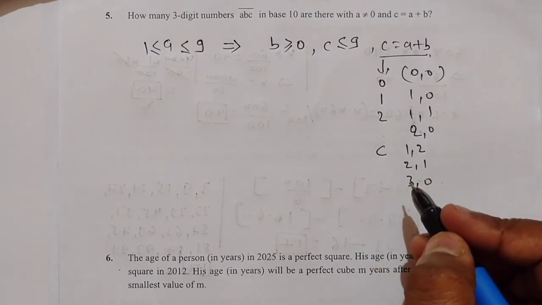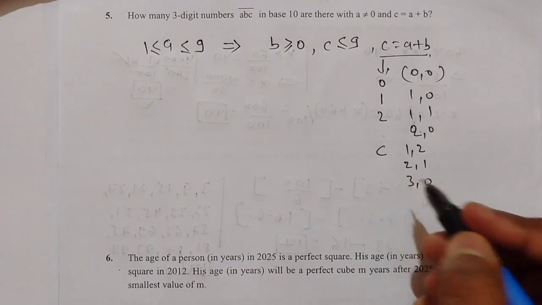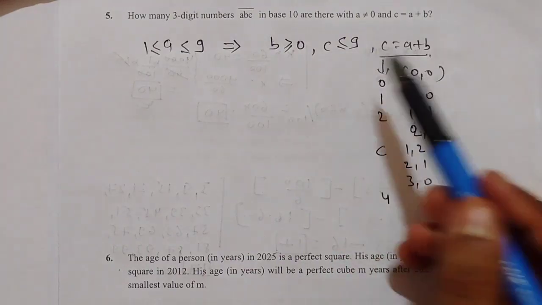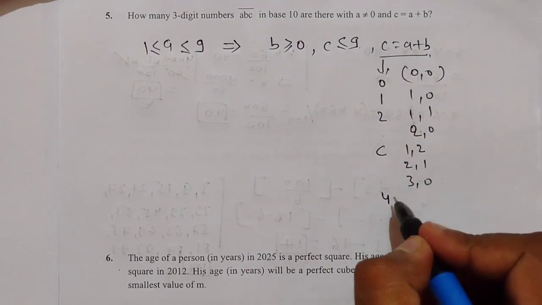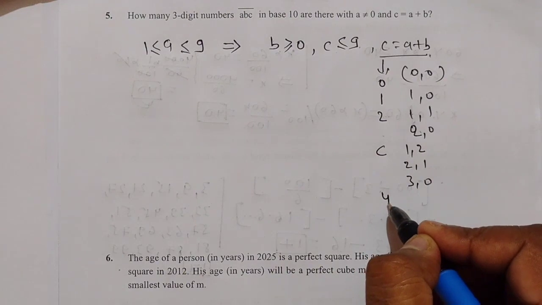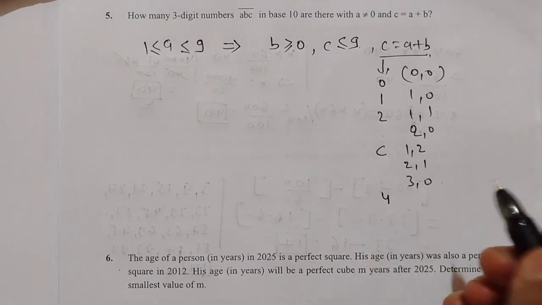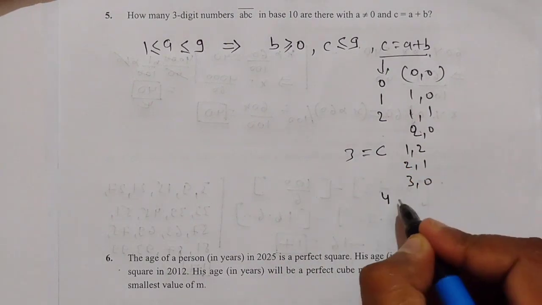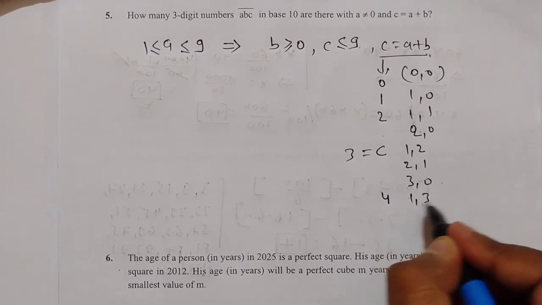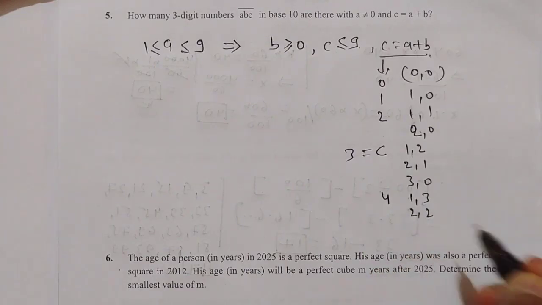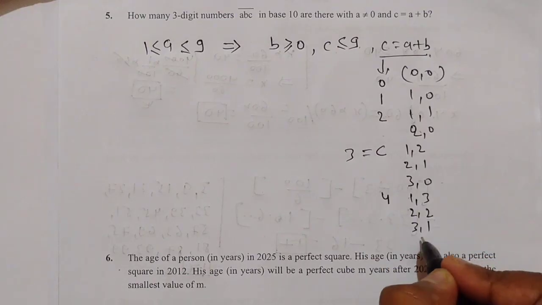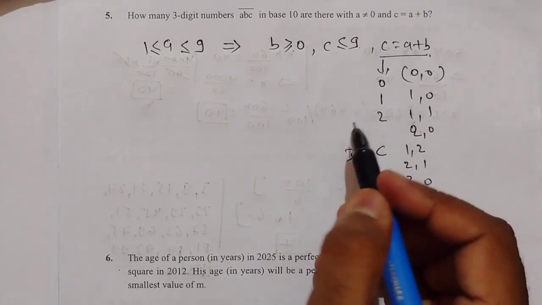And if we use the value of C as 4, because we have to go up to 9 for C, then we have the following pairs like 1 3, 2 2, then 3 1, and also 4 0.